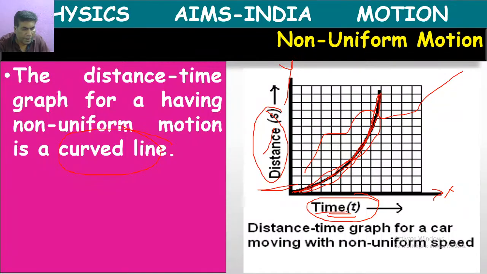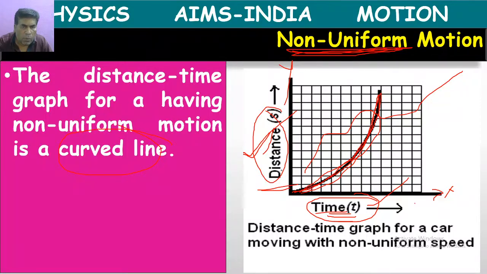Okay, any doubt regarding this non-uniform motion? Here we have two factors: one is distance, the other is time. Distances may be equal, time may be unequal, or time may be equal, distances may be unequal.